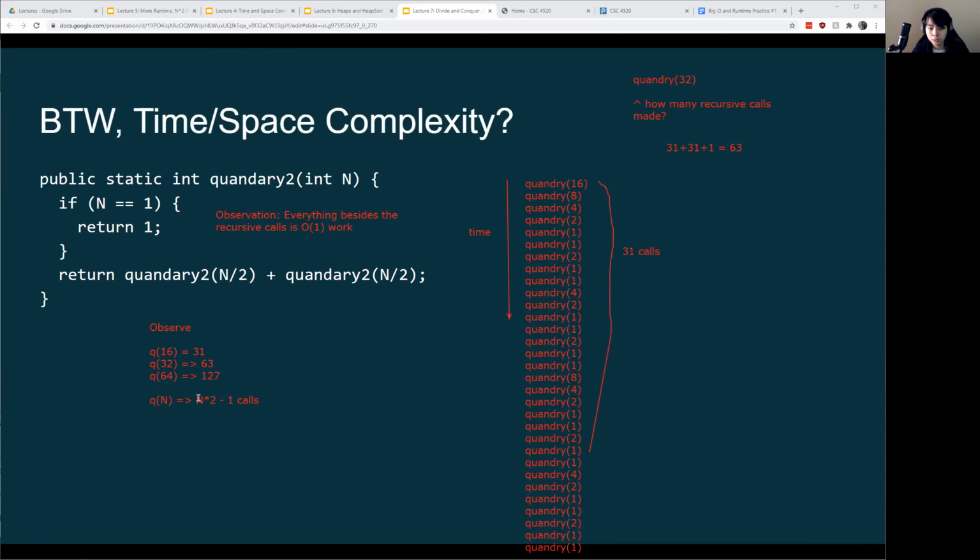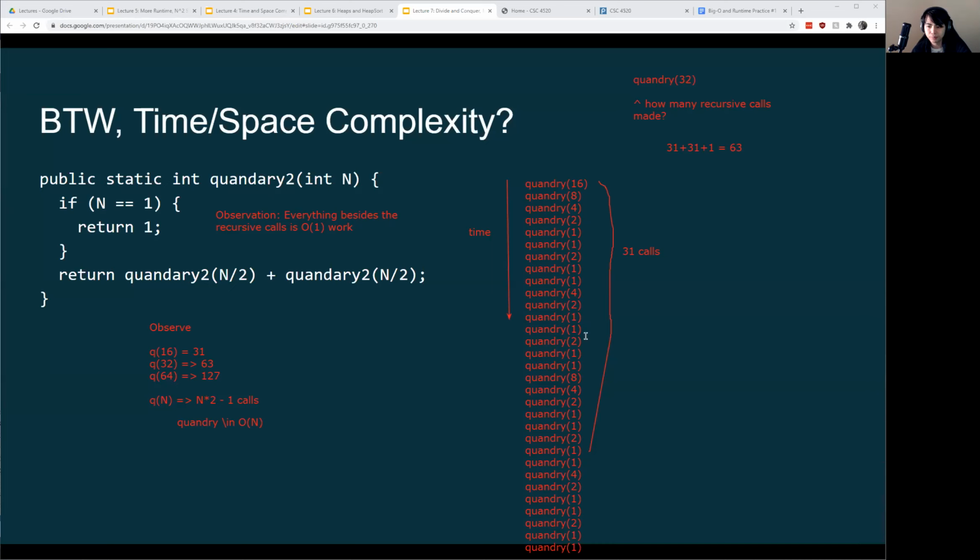Since the number of recursive calls is 2n, that means quandary here is O of n, right? That is the best case, the worst case, and the average case in this sense, because we don't actually have any numbers that when we put in will behave any differently than the exercise we just did.